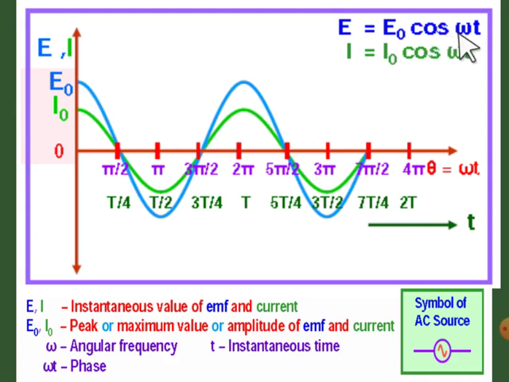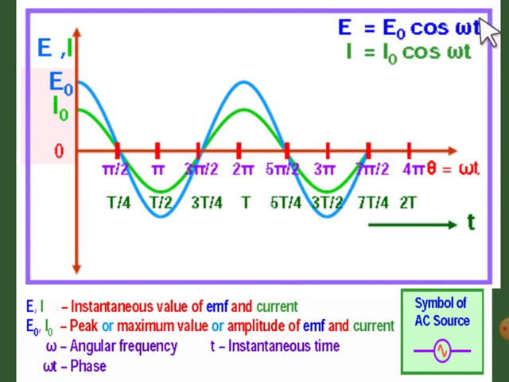But when the phase omega t, theta, is equal to pi by 2, or in terms of time period, T by 4, that means one quarter of the time period capital T, what happens at that time?